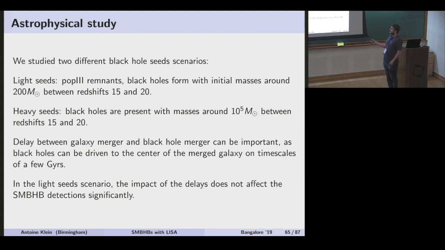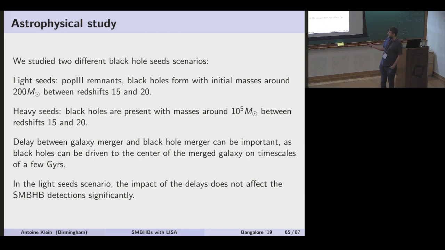We had a light seeds model with seeds coming from POP3 star remnants created between redshifts 15 and 20 at around 200 solar masses.